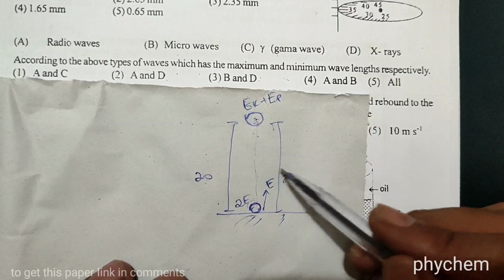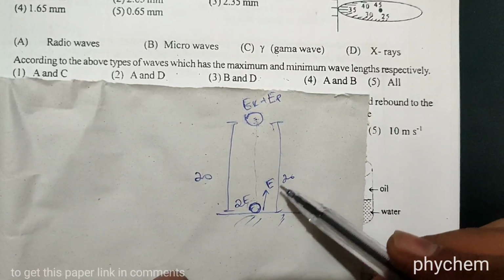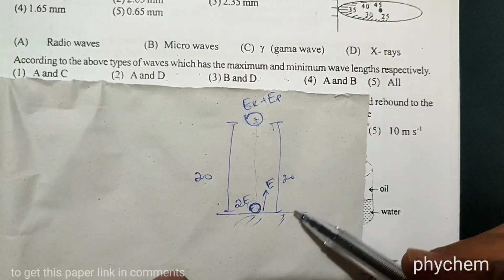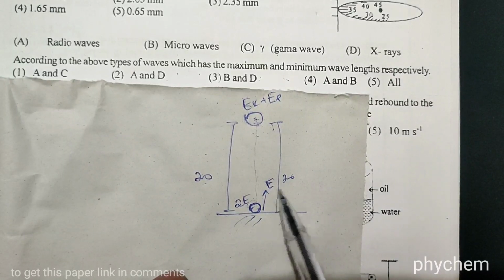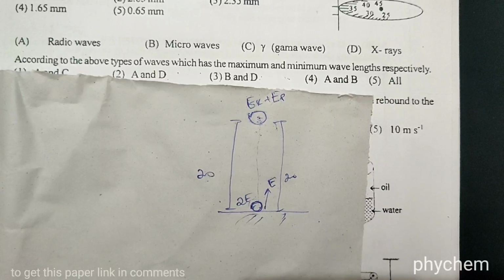So what do I mean by this? It represents that this E is enough to go 20 meters above the surface, which means 20 meters of potential energy. So this E is enough for 20 gh.